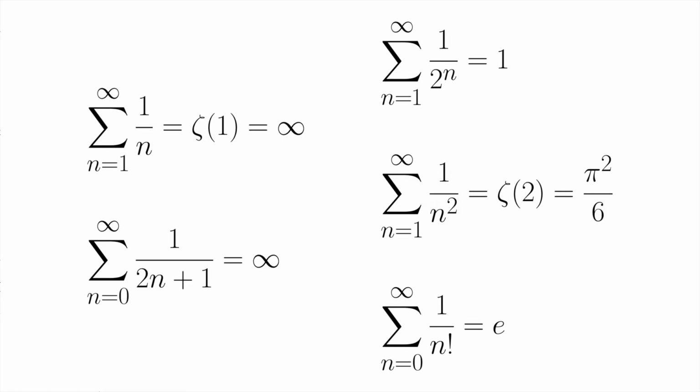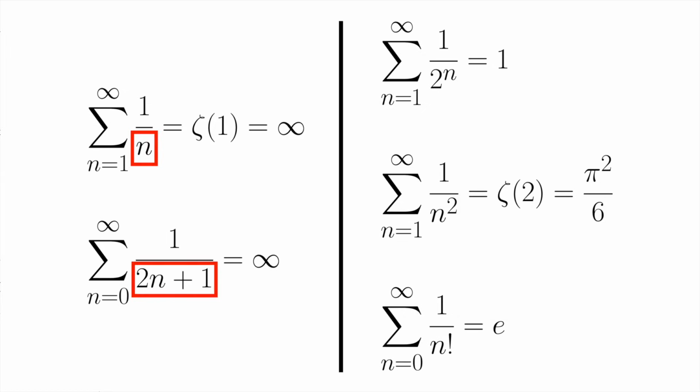Now, you shouldn't take this sense of a set's size too seriously in terms of comparing, for example, the fact that this sum was e and this sum was pi squared over 6. But what we can take seriously is that we've really split subsets of the positive integers into two groups here. One group of these subsets of the positive integers are those where this sum of their reciprocals is infinite, and one where the sum of the reciprocals is finite.